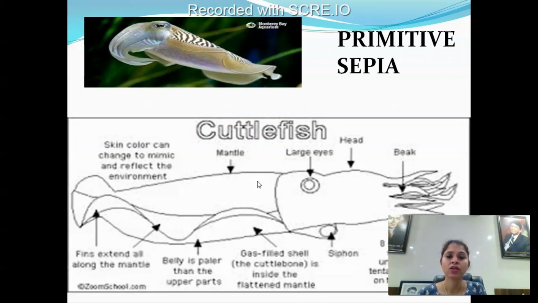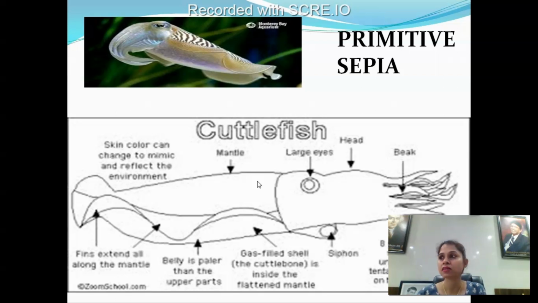Now, going ahead to the most beautiful creature, the cuttlefish, as they describe, because the cuttlefish is again a primitive animal, and a very interesting creature. We could have a single lecture on it. What Bade sir has taught was a single lecture of 3 hours where he just taught sepia.